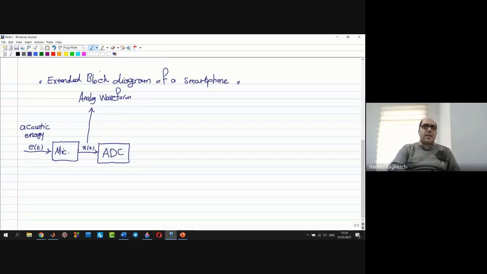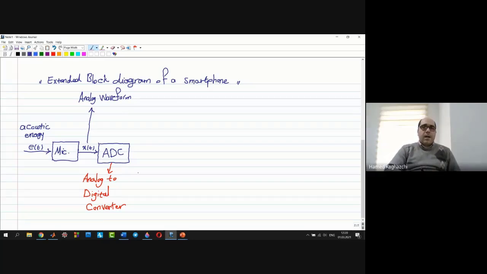What is this ADC? ADC is an analog to digital converter.